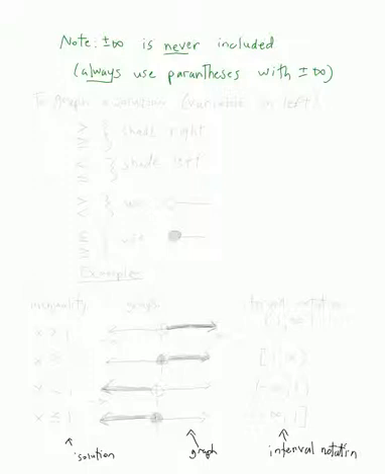What about graphing? Well, I'll remind you of how to graph in case you've never seen this before. This is when you have a variable on the left. If you have greater than or equal to, this means that you shade to the right.